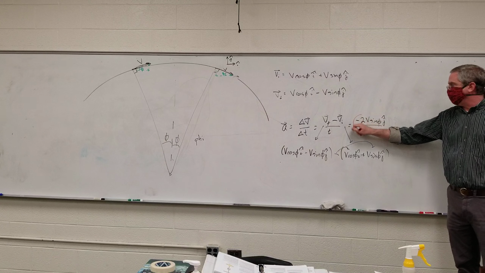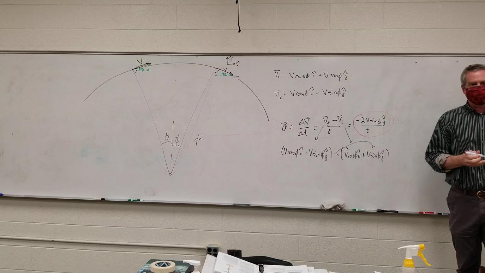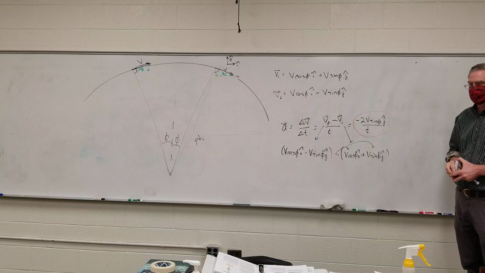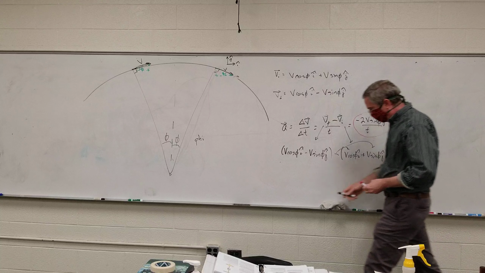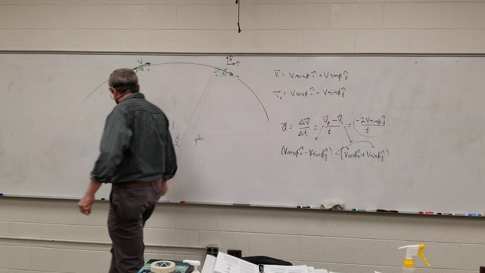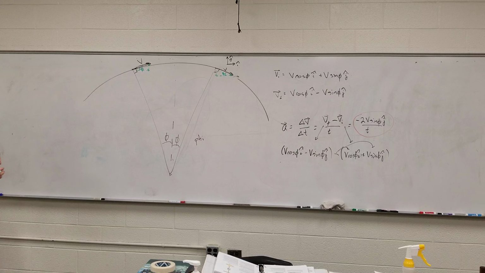All right, so we're now left with this as the acceleration, which really doesn't help us a whole lot because, as an object moves, phi can be almost anything. So we're going to do two things.